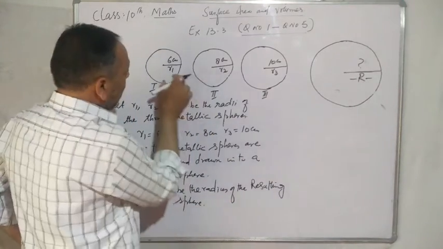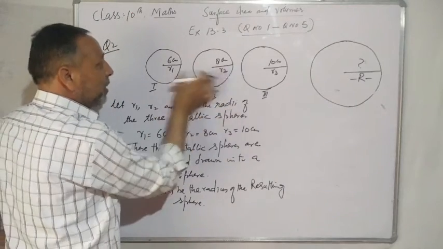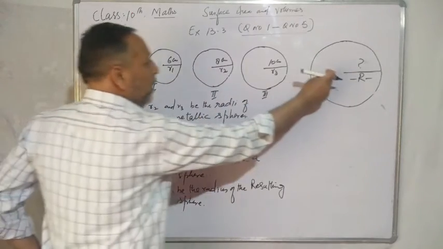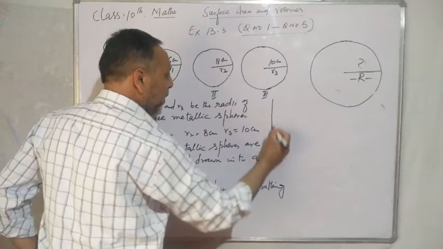It means that volumes of these three spheres together will be equal to volume of the resulting sphere.